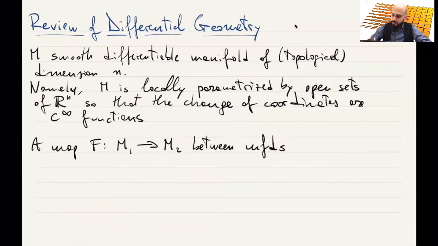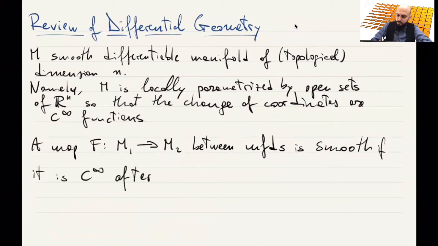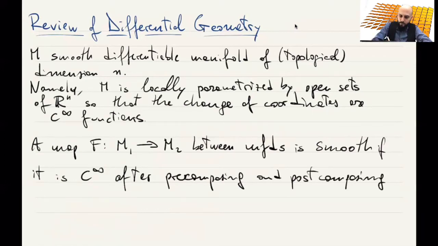The map is smooth if it is C-infinity after precomposing and postcomposing with parametrizations.